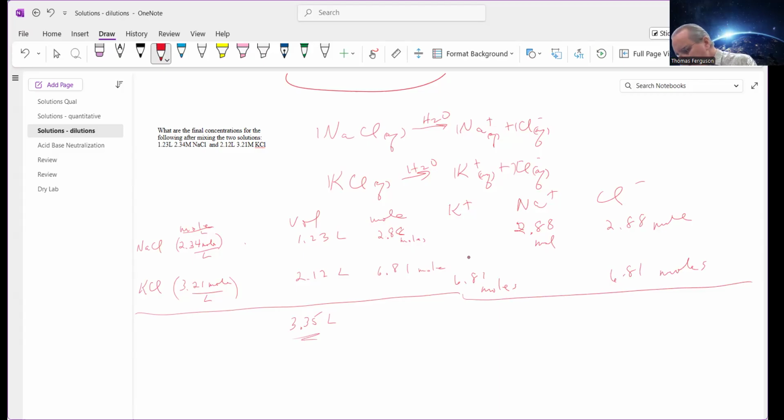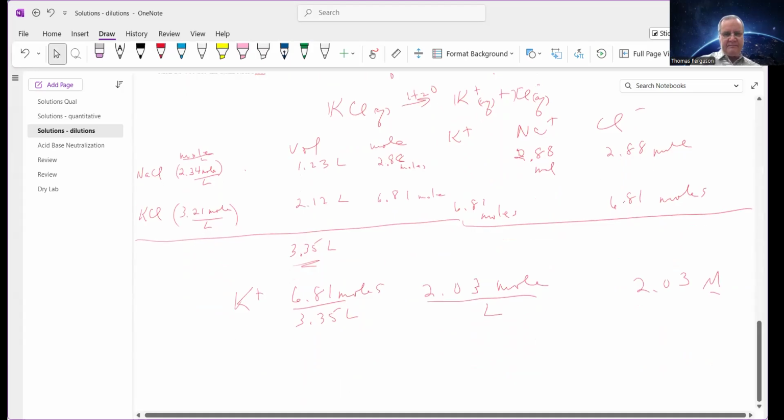So we have 681 over 335 liters, capital M. That's for potassium.